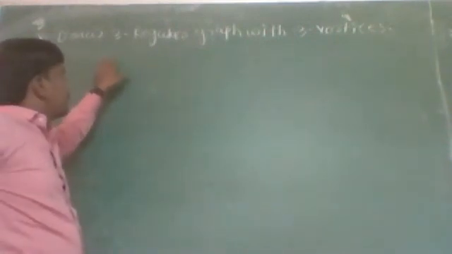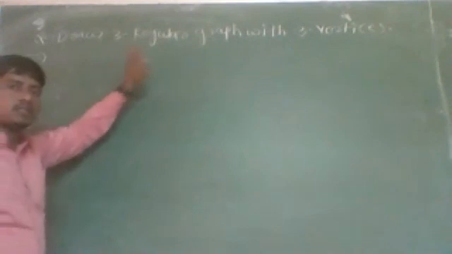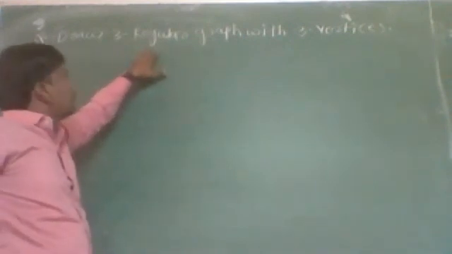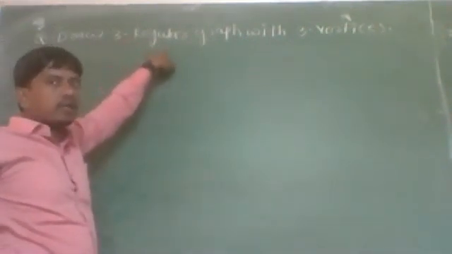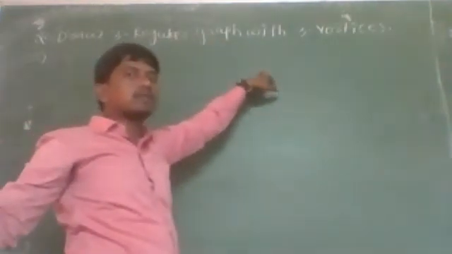A graph is said to be a regular graph if the degree of each vertex in the graph G is the same. And a graph is said to be k-regular if the degree of each vertex of the graph G is k. So here we have to draw a three-regular graph with three vertices.